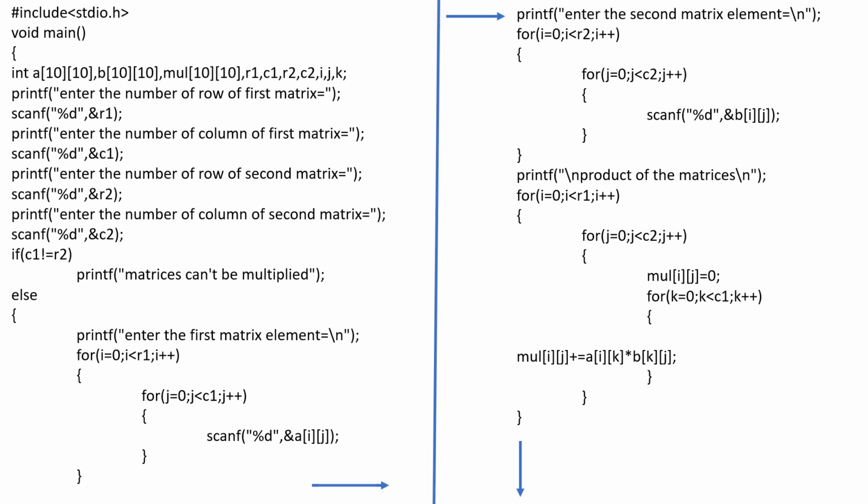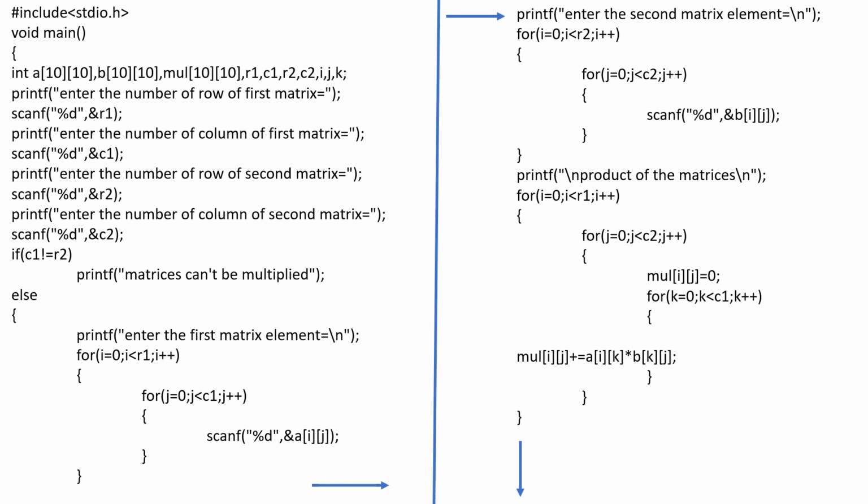Then the variables for rows and columns of the two matrices are declared. I, j, k variables are declared for loops.